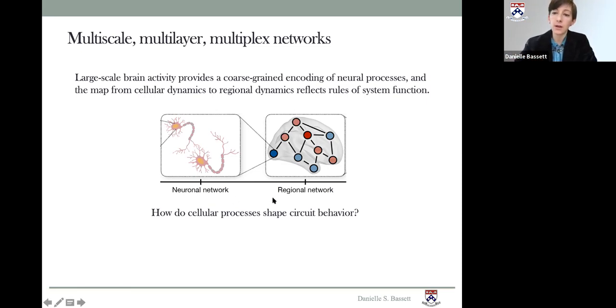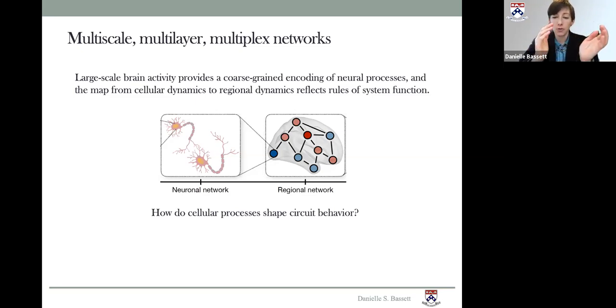Well, what I've been focusing on so far in the lecture is really this regional level of the brain network, where we can subdivide the brain into parcels or regions, and then we can understand their connections, their functional connections or their structural connections. But that large-scale brain activity provides a sort of coarse-grained encoding of neural processes that are happening at a much smaller scale, so at the cellular level.